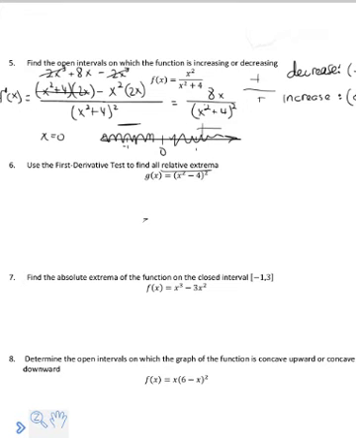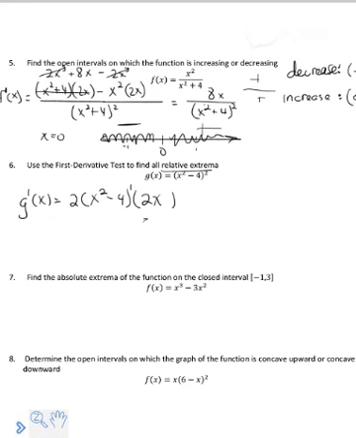So we need to find g prime of x. This is going to be a chain rule because we have an inside function and an outside function there. So the derivative is dropping that exponent down in front, 2 times x squared minus 4, decreasing the power by 1, and then multiplying by the derivative of the inside function, 2x.